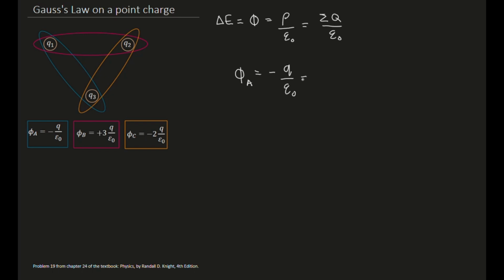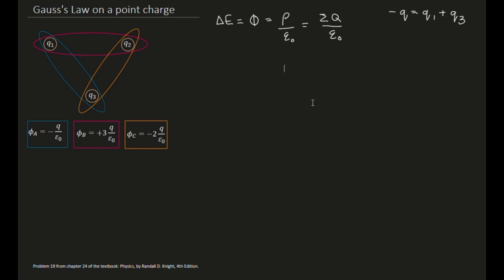I set that equal to the sum of the charges inside that surface over epsilon naught, so Q1 plus Q3 over epsilon naught. Simplifying, I get negative Q equals Q1 plus Q3, my first equation.